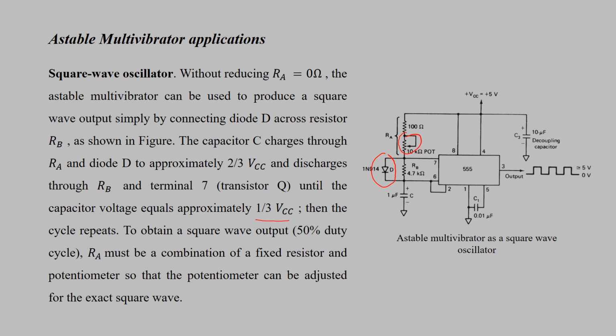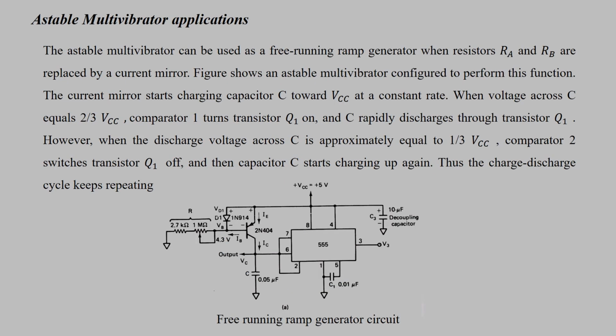The second application of astable multivibrator is the free running ramp generator. Here the resistors Ra and Rb are replaced by a current mirror. The figure shows the free running ramp generator circuit. The current mirror starts charging C towards VCC at a constant rate.